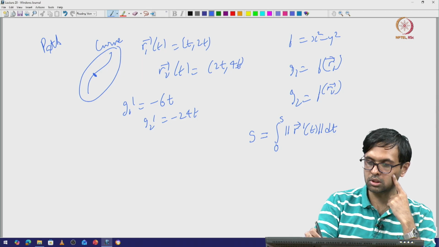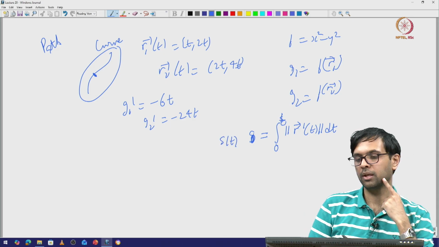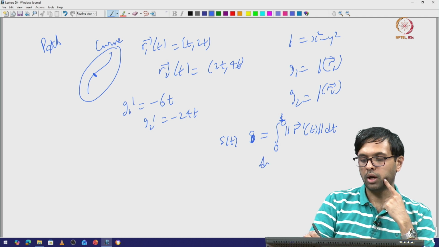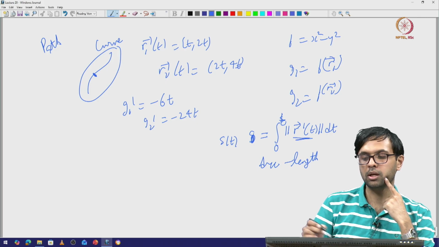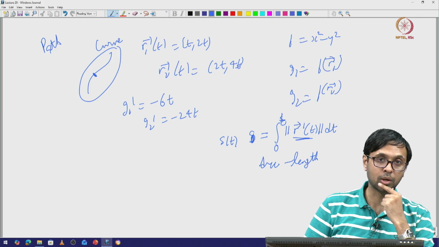Perhaps I'll call this S of t, and I'll put a t here, right? This is the so-called arc length of a path. So this integrand here is non-zero because we assume the path is regular.